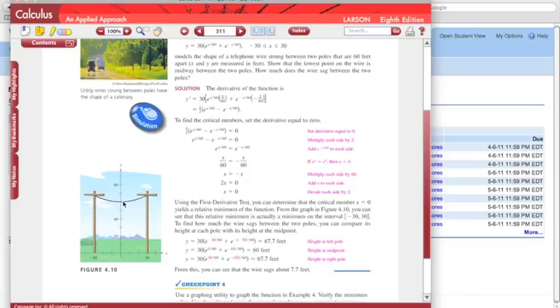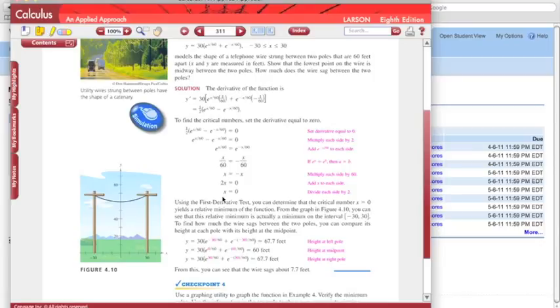So if we want to minimize it, that just means we need to find the absolute minimum. Since we have a closed bound, we have x's between this negative 30 and positive 30. Since this is a closed interval, we can just use absolute max and min. So we have our critical number x. So now we just need to find the absolute minimum and the absolute maximum.